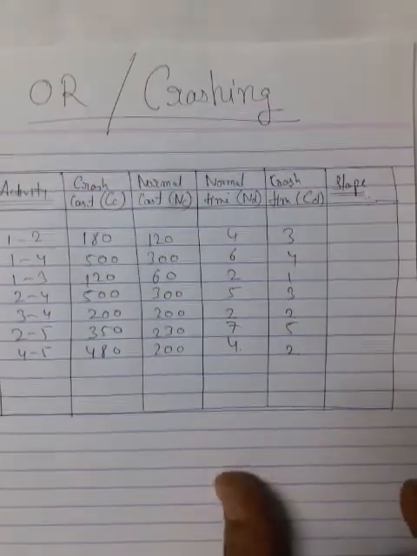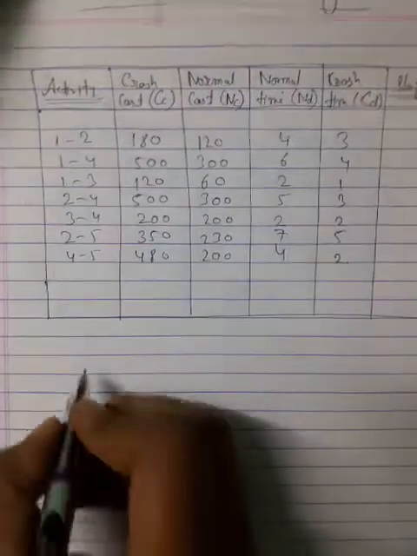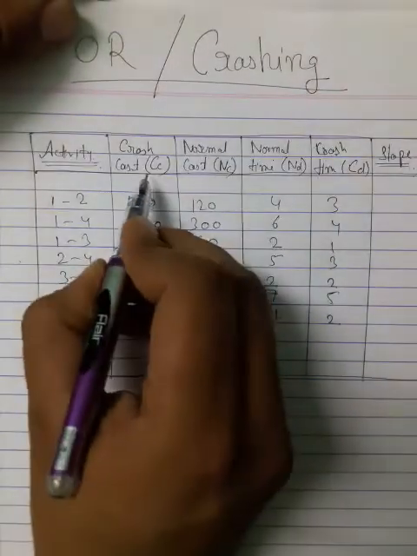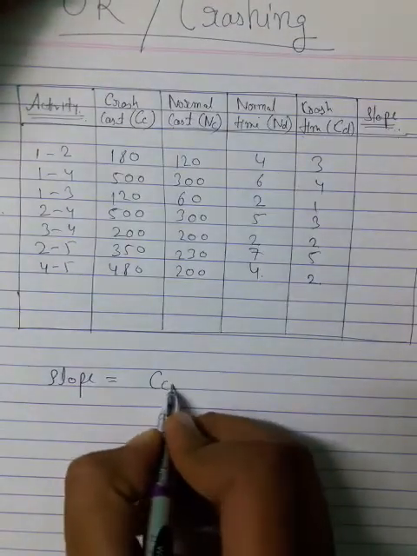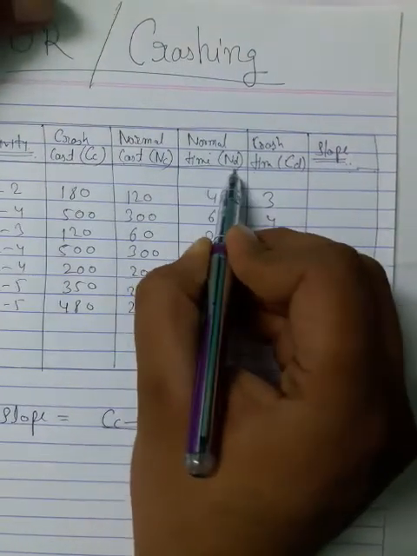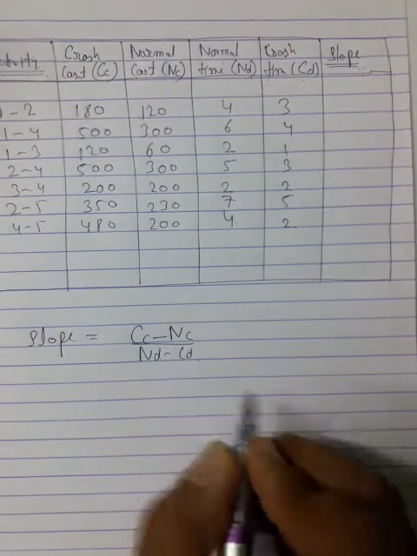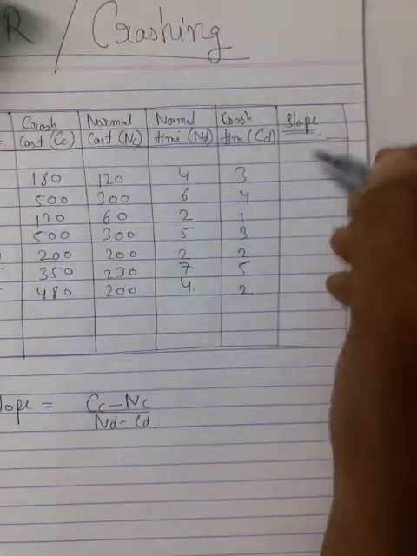For the slope, you have one formula. Write it here. Slope is given by crash cost minus normal cost divided by normal duration minus crash duration, that is ND minus CD. First we need to find the slope values.